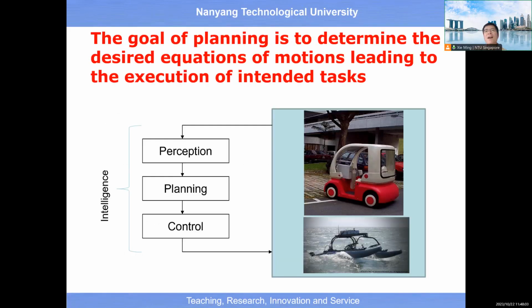Here you see the outer loop of any autonomous surface vehicle or land vehicle. After perception there must be a planning module. The input to the planning module should be knowledge about the geometry surrounding our vehicle. The output from the planning should be motion equations to be executed by the vehicle.